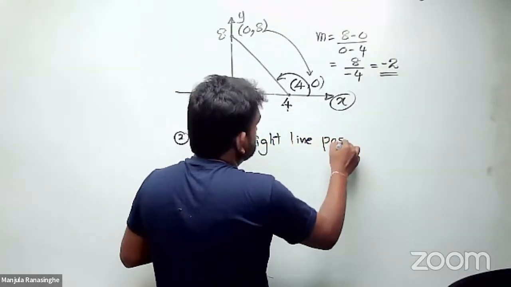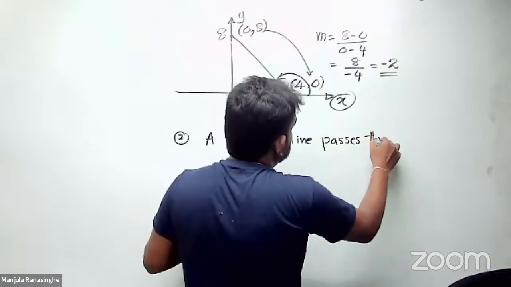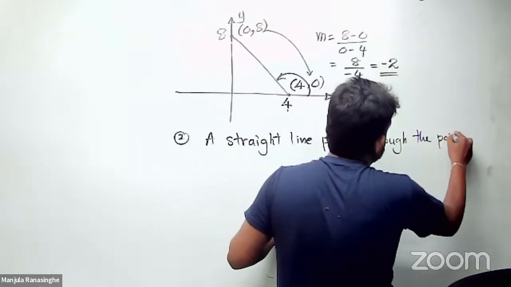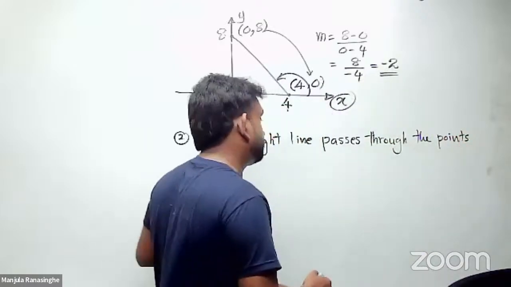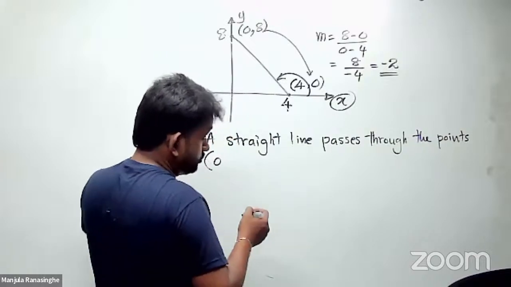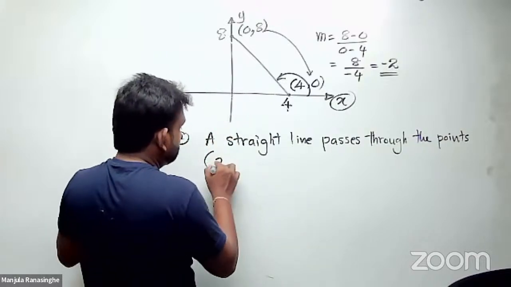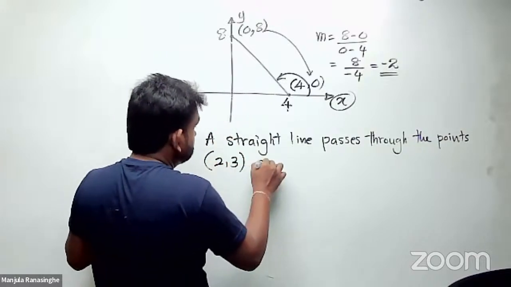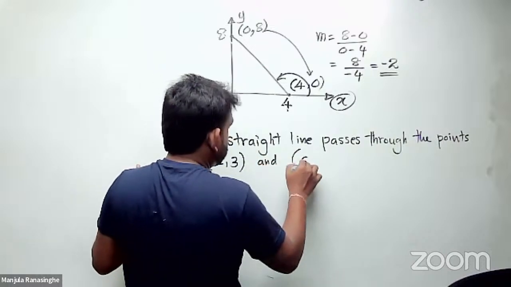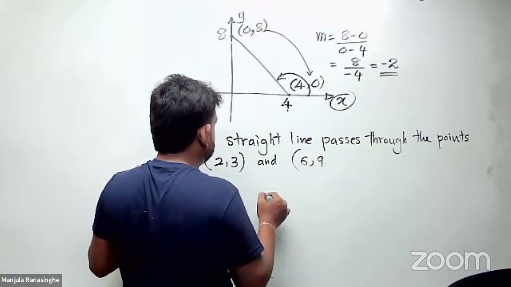A straight line passes through the points 2, 3 and 6, 9.